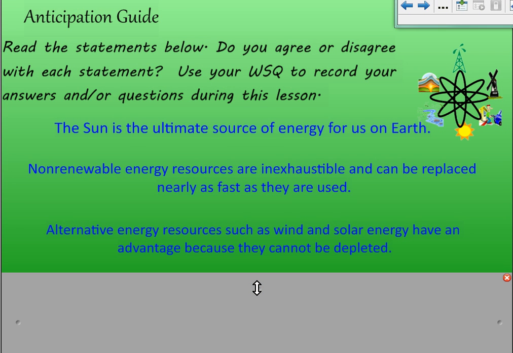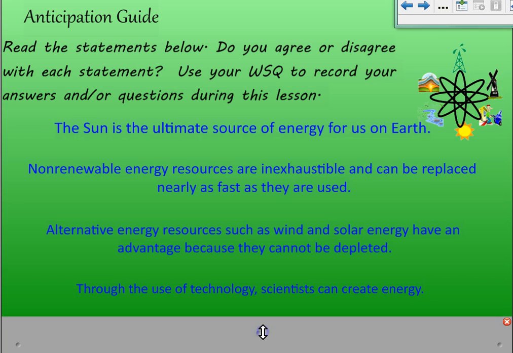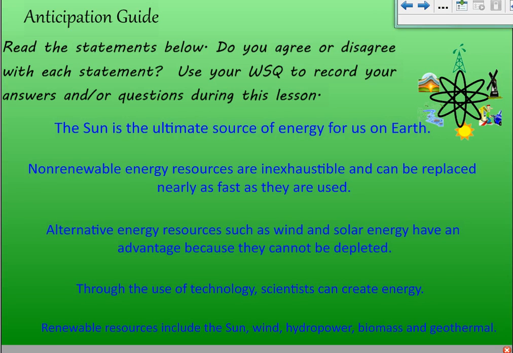Alternative energy resources, such as wind and solar energy, have an advantage because they cannot be depleted. Through the use of technology, scientists can create energy. Renewable resources include the sun, wind, hydropower, biomass, and geothermal. Before you go on, make sure that you have marked agree or disagree with each statement.